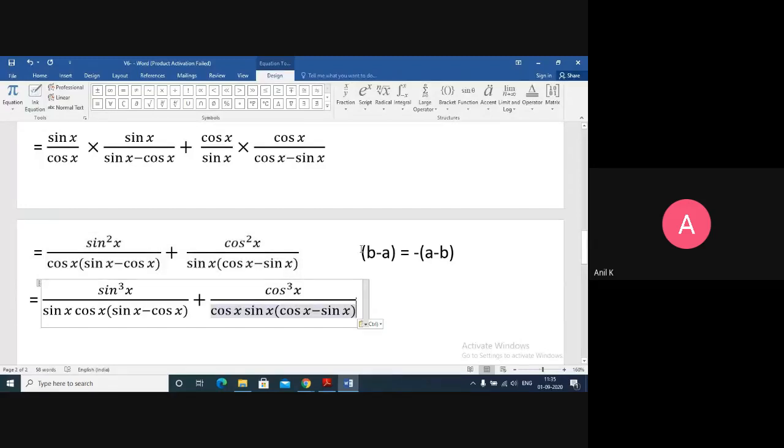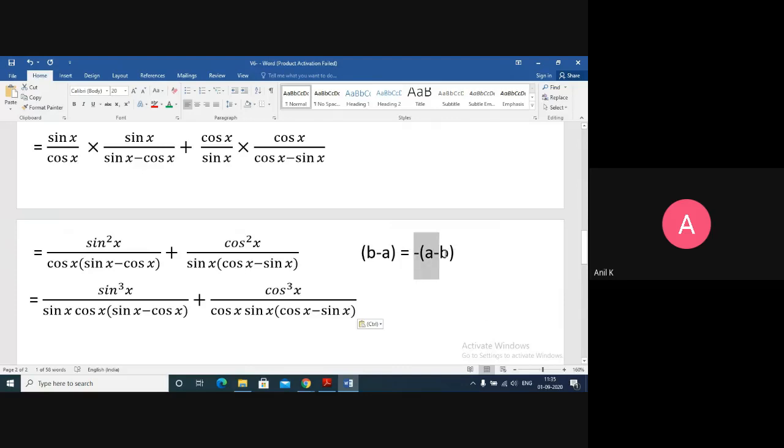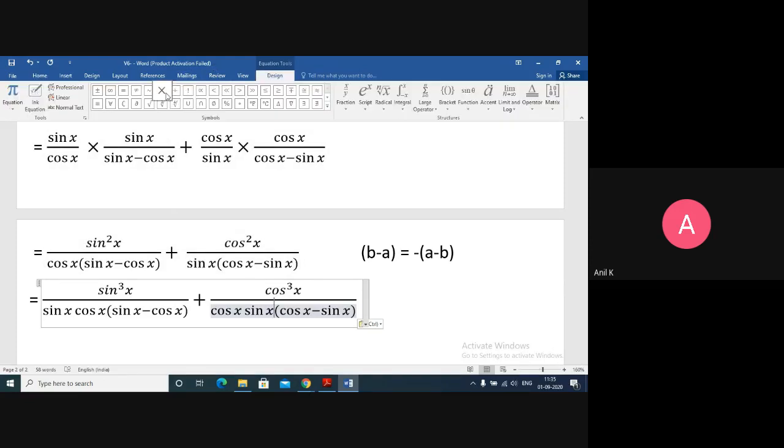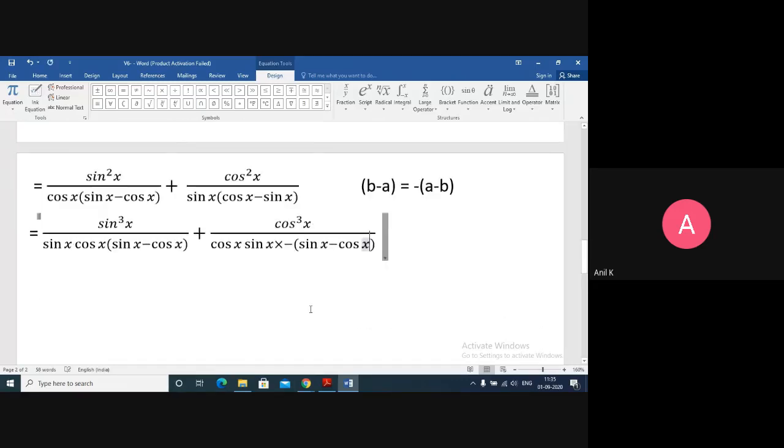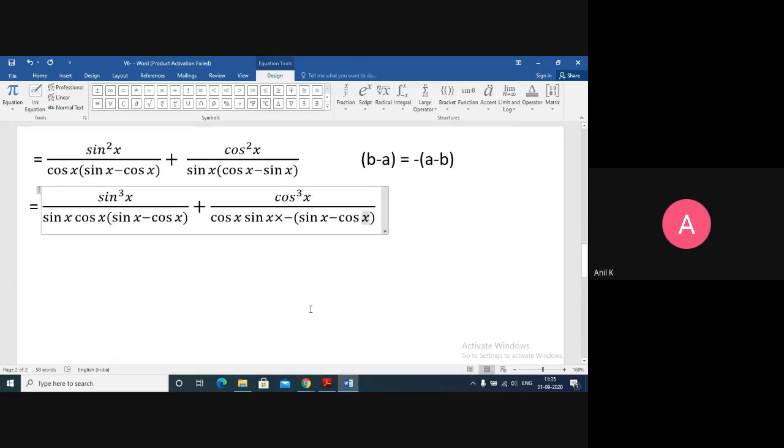As I also discussed, this b minus a, I will write it as minus of a minus b. So I put one multiplication symbol because the multiplication is already there. I have taken minus, so instead of cos x minus sin x, I'll put it as minus of sin x minus cos x.